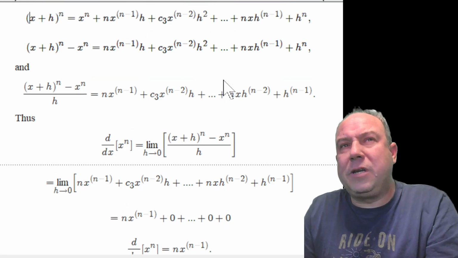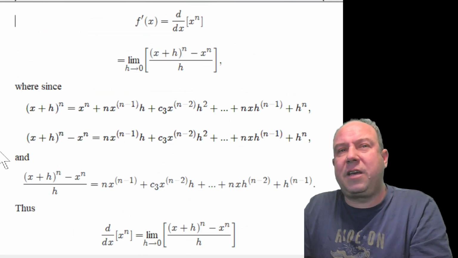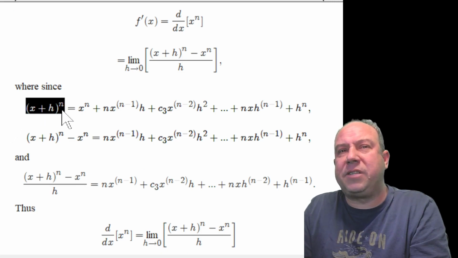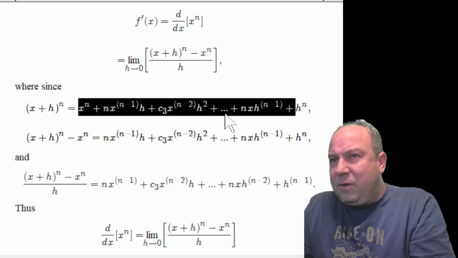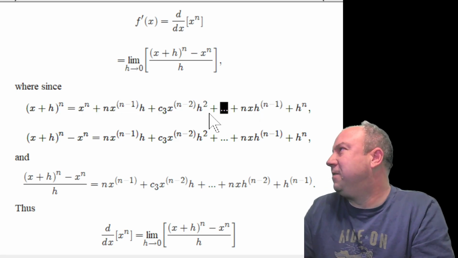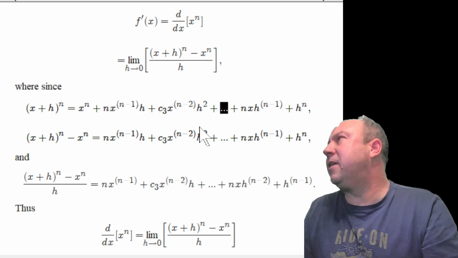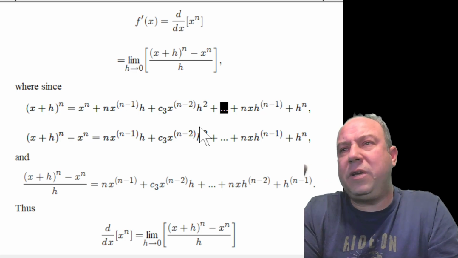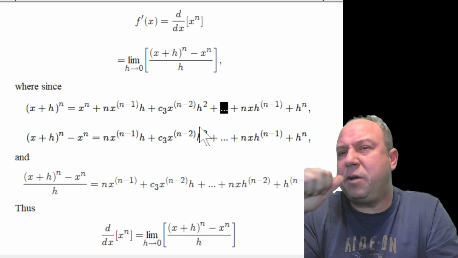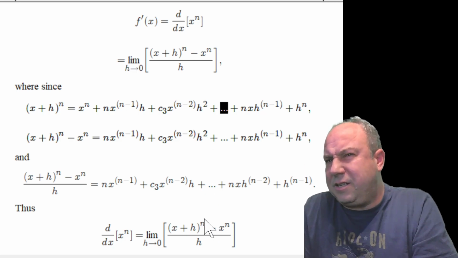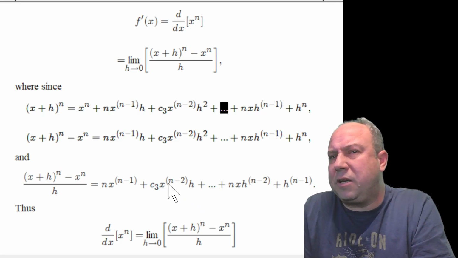These do get a little messy when we start to think about just how we think about x plus h to the nth power in general. And we do have a little bit of this dot, dot, dot going on in there, but we assume that we establish a pattern that behaves in a manner that, as we see in the algebra, is going to cancel itself out.